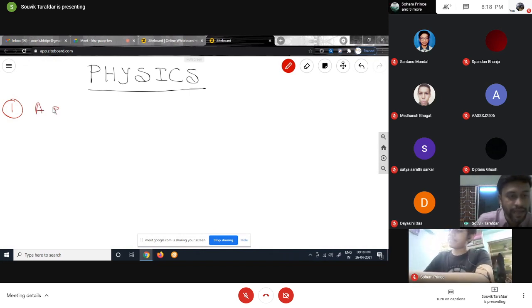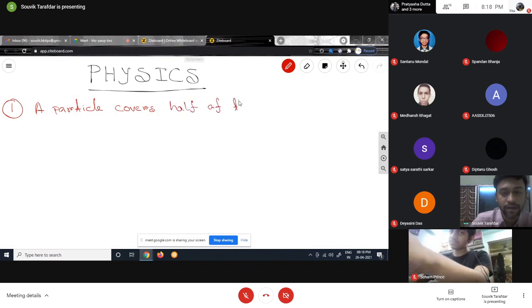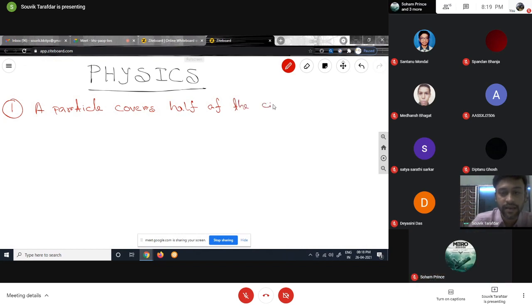It is told a particle covers half of the circle of radius r.